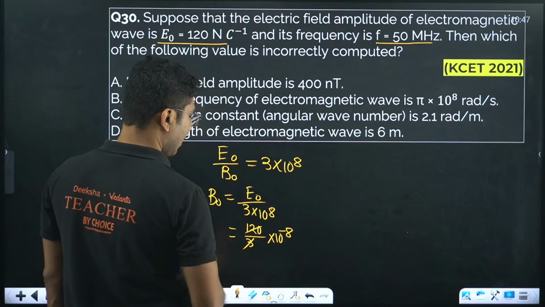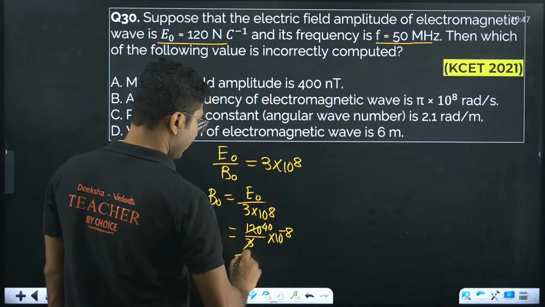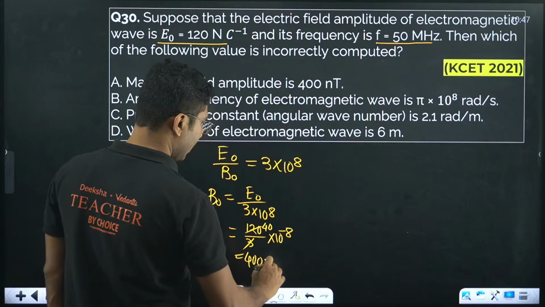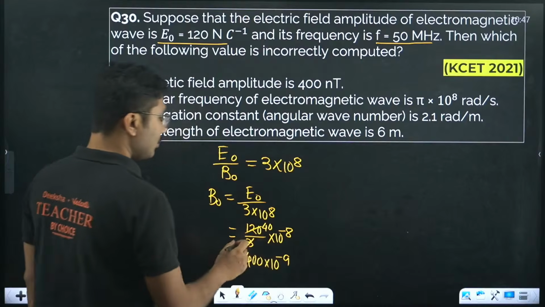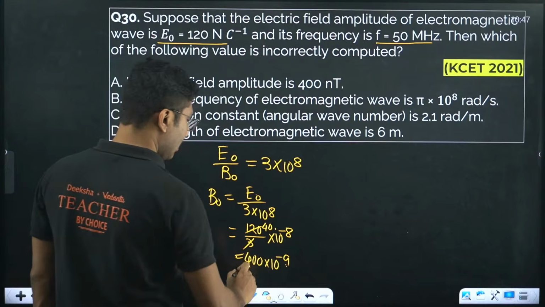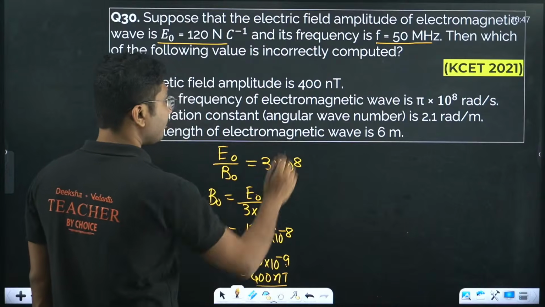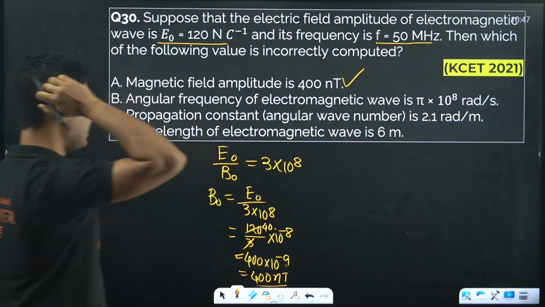So it will be 40, and it will be 400 into 10 to the power of minus 9. We have increased the 10 and decreased the power by 1. So this is 400 nano Tesla. So 400 nano Tesla is correct.